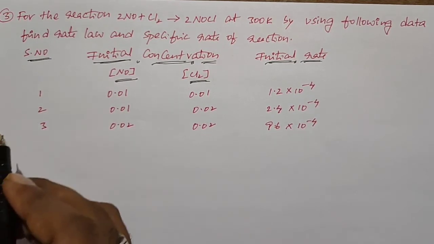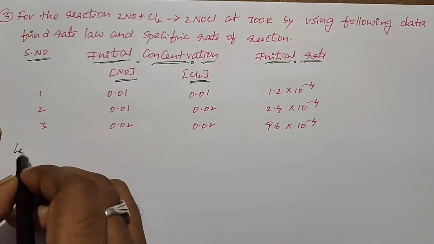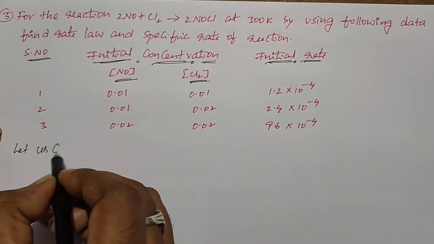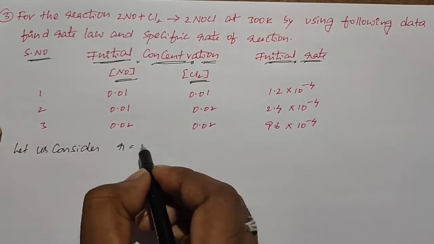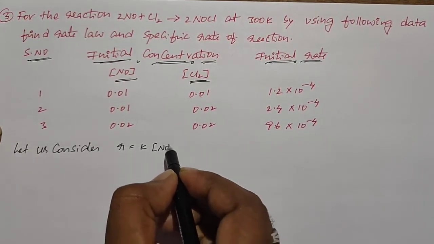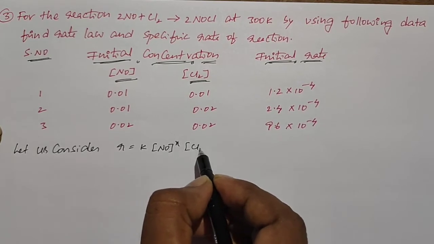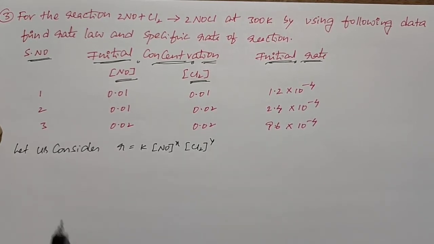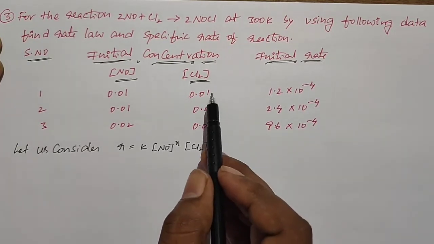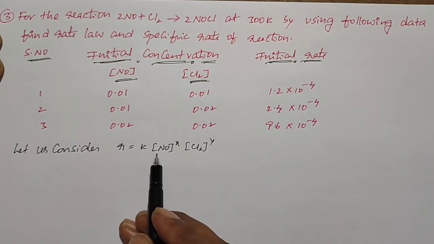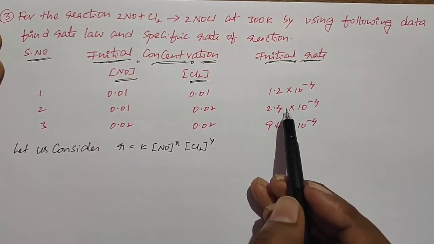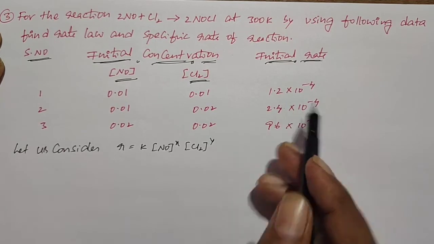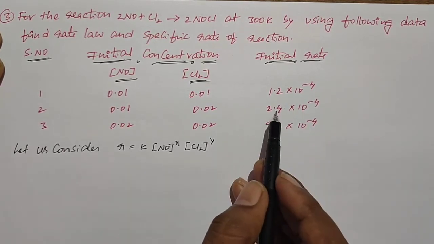First I just take the general rate law. Let us consider rate law R is equal to K into NO power X into Cl2 power Y. Now I substitute the second set and first set in the rate law, and at the same time I take the ratio between the second set and the first set. For your better understanding, first I substitute the second set.